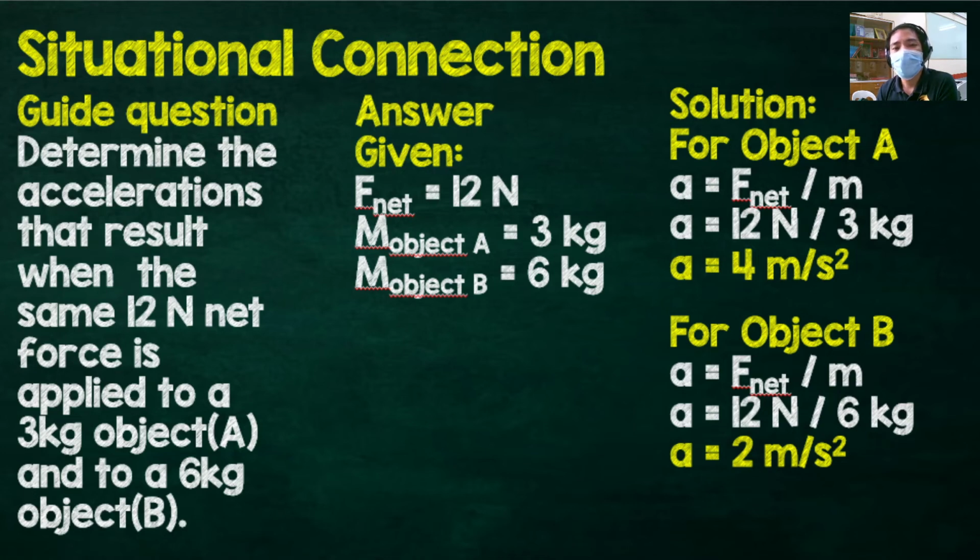Substitute the values to the formula. A is equal to 12 newtons for the force divided by 3 kilograms for the mass of the first object. Dividing force by mass, 12 divided by 3 gives us 4. And the unit is meter per second squared.